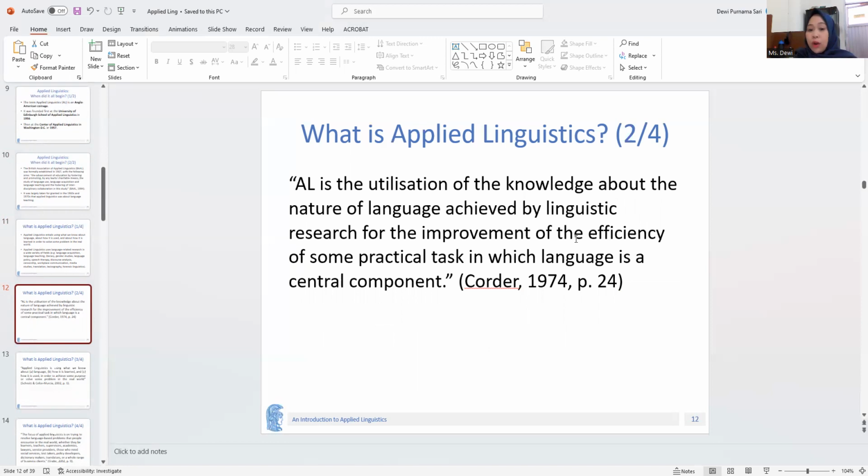So this is according to Corder 1974. So the AL itself is the utilization of language knowledge in human life, the application of the knowledge itself.